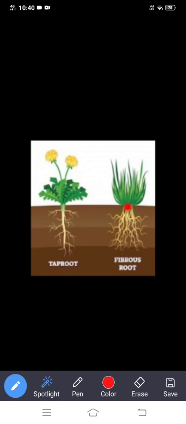So this type of root system is called fibrous root system, and fibrous root system plants will have leaves with parallel venation and its seeds like rice, wheat will have only one cotyledon. So fibrous root plants will have monocotyledon seeds and parallel venation leaves.